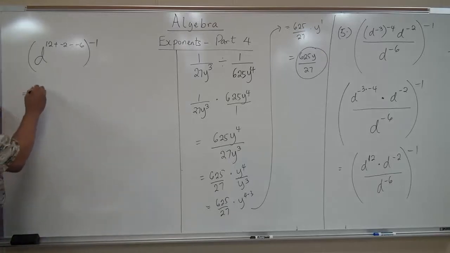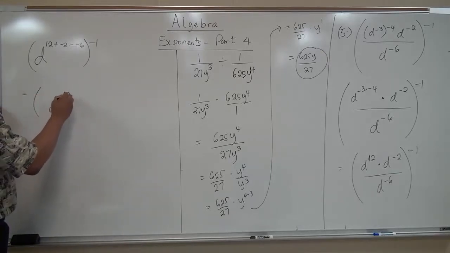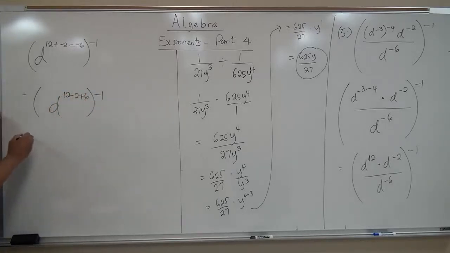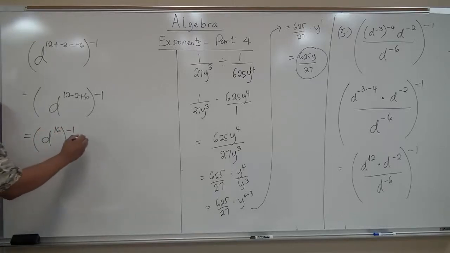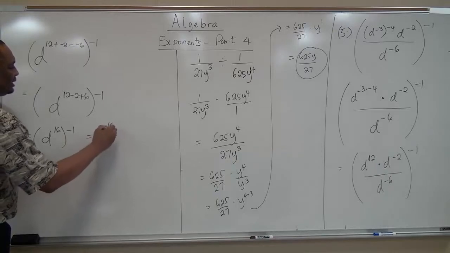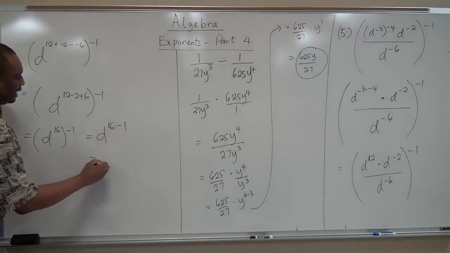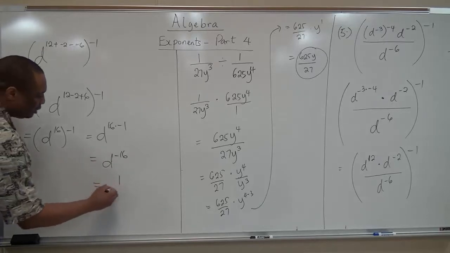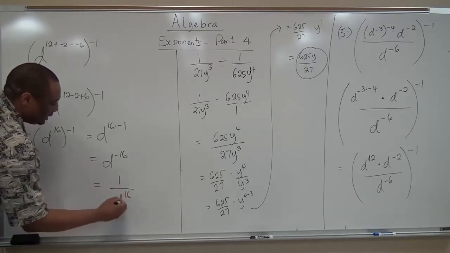So this becomes a single d, 12 minus 2 plus 6, exponent -1. And that becomes d, 12 minus 2 is 10 plus 6 is 16, exponent -1. So this gives me d 16 times -1, and that is d exponent -16, and that is 1 over d exponent 16.